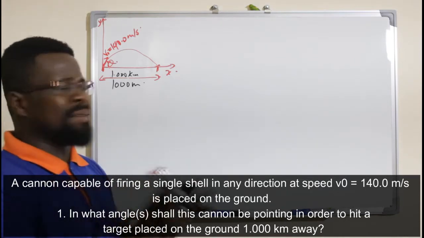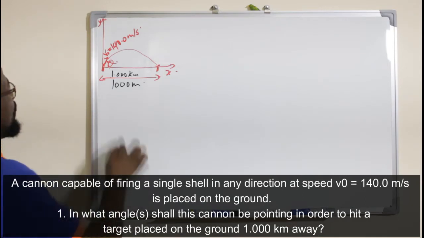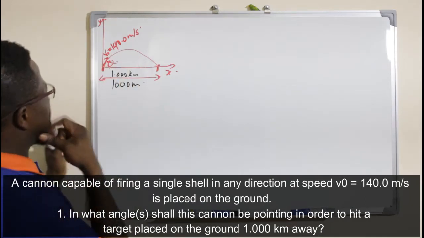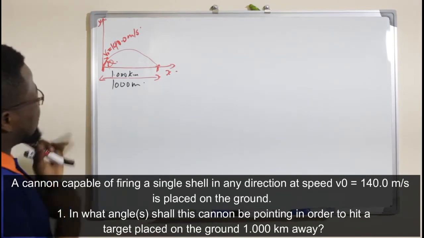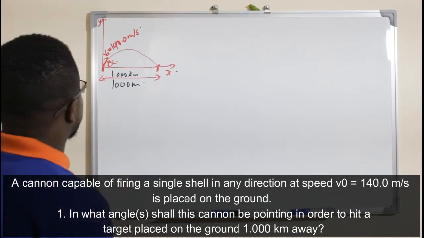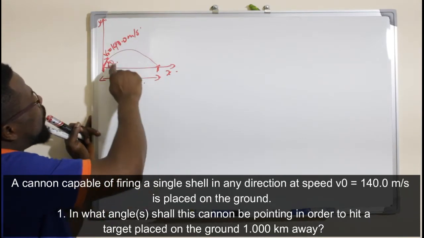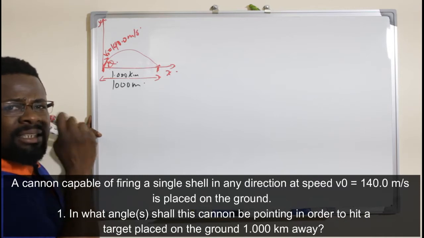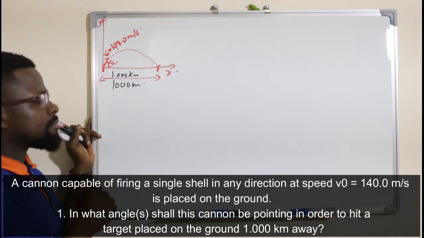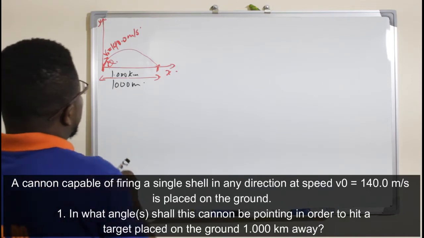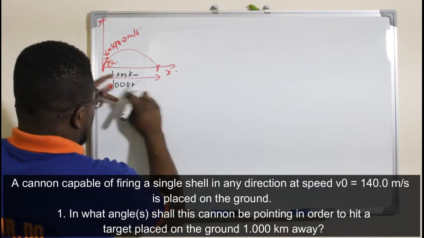Alright, so we are given the range, we are given the initial velocity, and we want to find the angle. How do we find this angle? Remember, this velocity is at a certain angle, so therefore there is an x component and there is a y component for that.